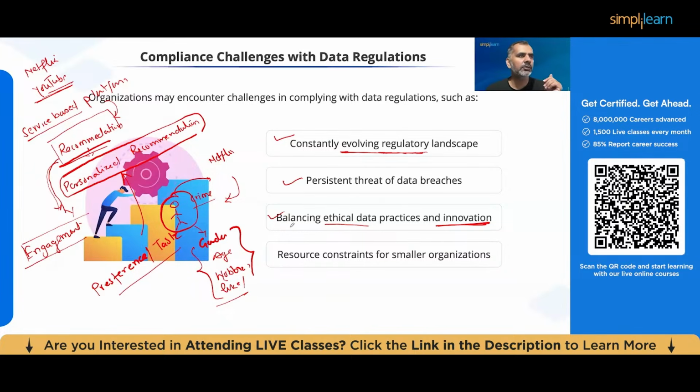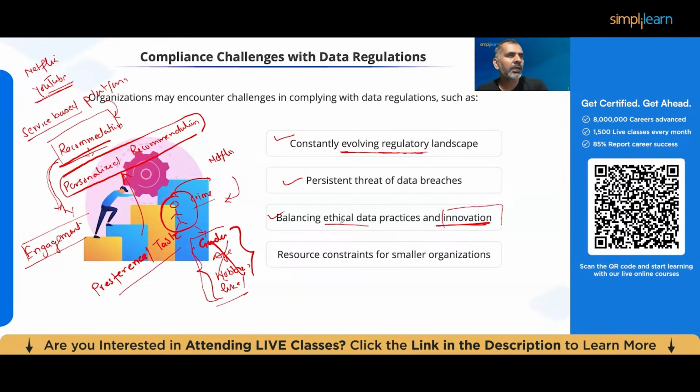And this is where you need a balance: if you are collecting personal information, you have to be very careful in handling it. But if you do not collect that information, you might lack a more personalized recommendation. That means you might lack innovation. So it's a balancing act between ethical data practices and innovation.